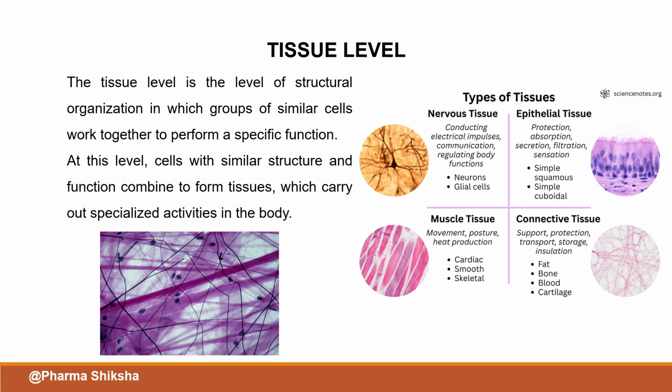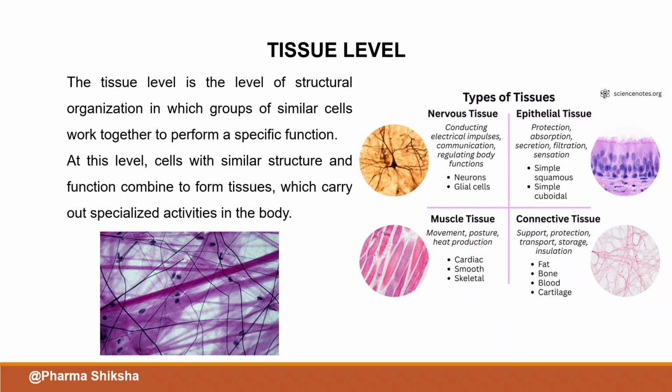A group of cells combines to form the tissue level. The tissue level is a level of structural organization in which groups of similar cells work together to perform a specific function. Here we can see the four types of tissues: epithelial tissue, connective tissue, muscle tissue, and nervous tissue. The epithelial and connective tissues we will discuss clearly in the tissue level of organization.